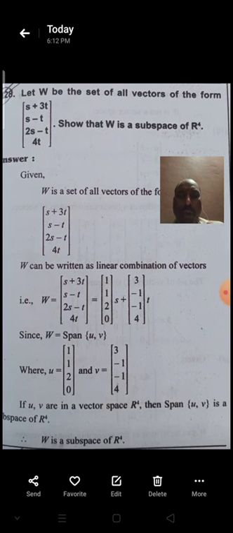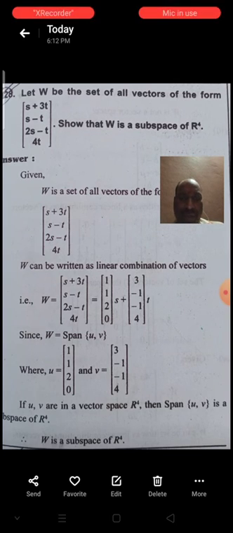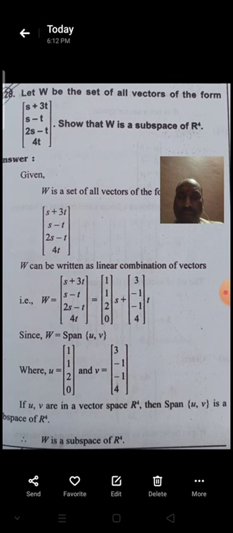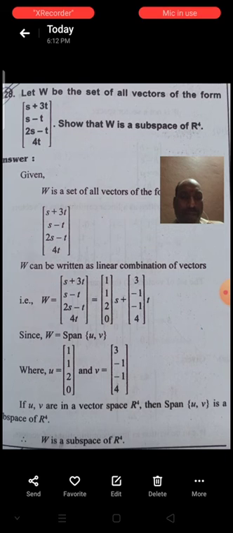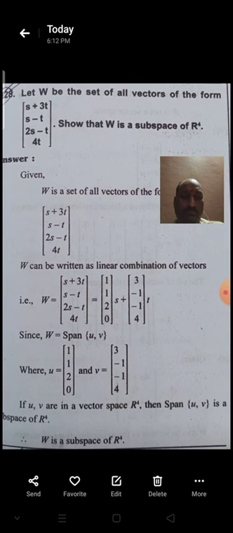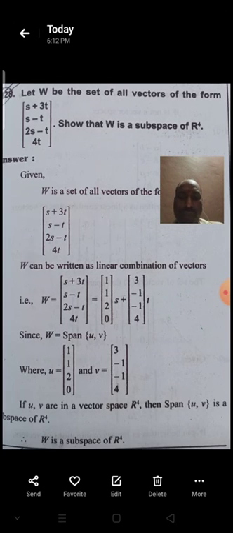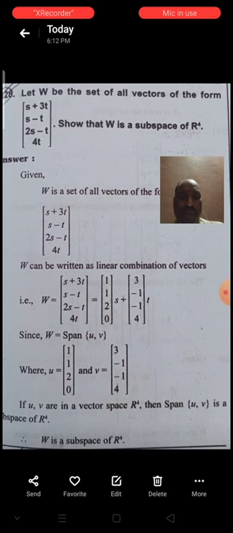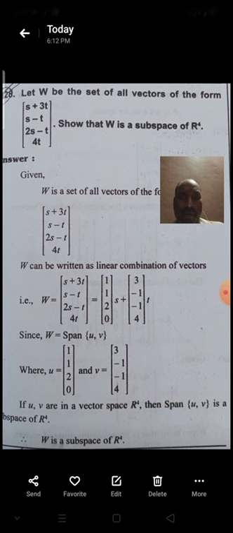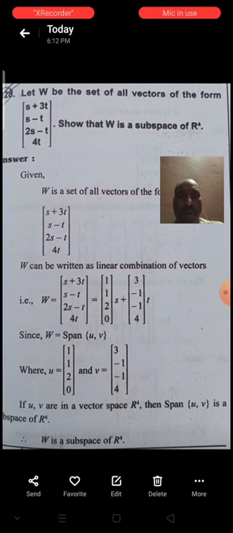If u, v are in the vector space R power 4, then the span of the set u, v is a subspace of R power 4. Therefore, W is a subspace of R power 4.